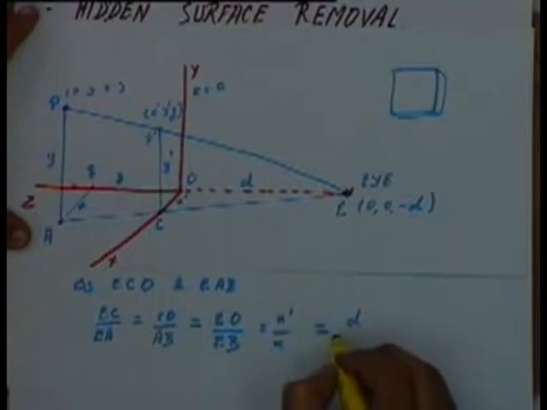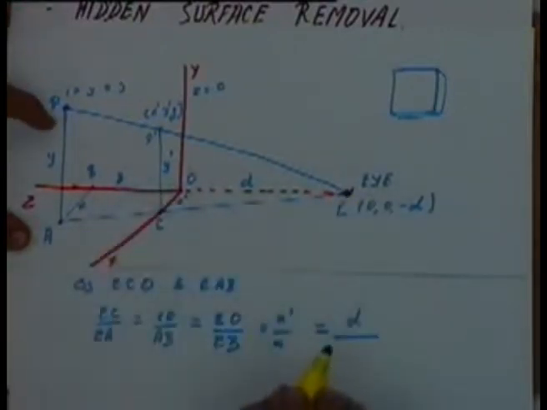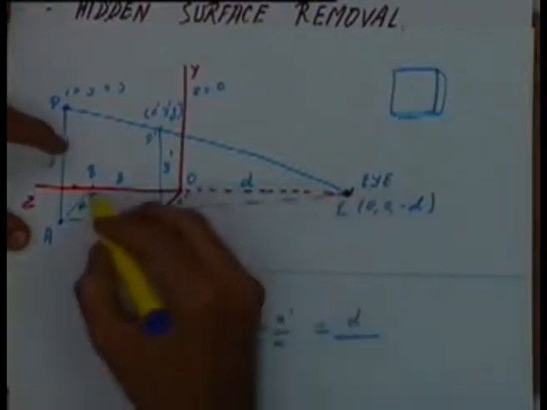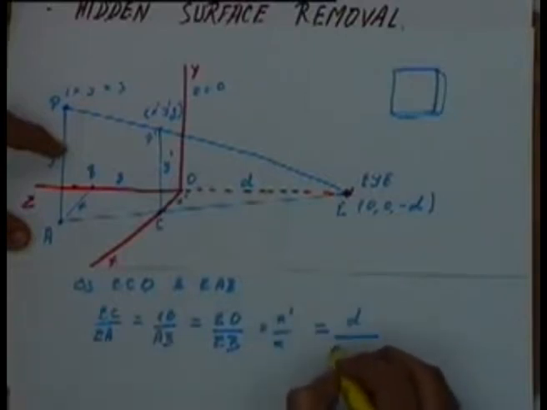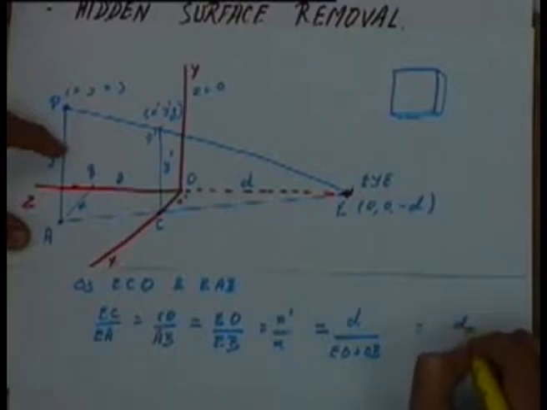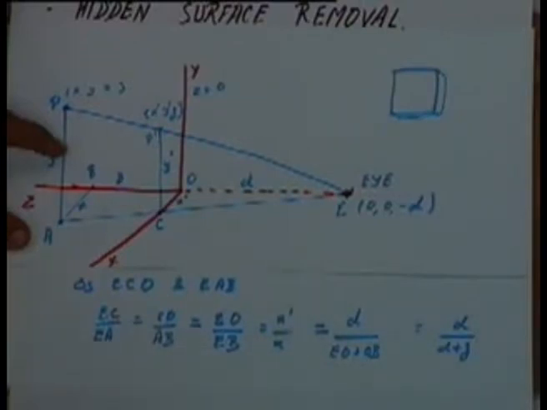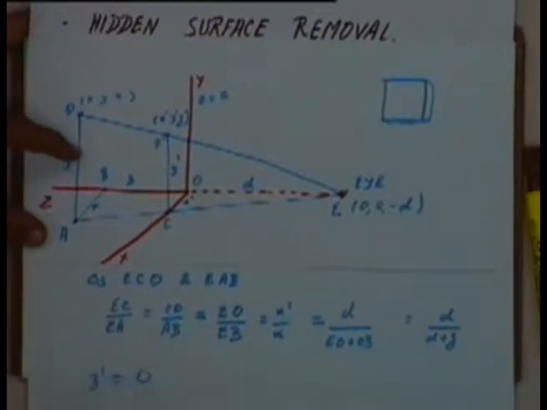So D divided by EB. Okay, now EB is going to be equal to EO plus OB, which is equal to D plus Z. Is that alright? And we know that Z prime is equal to 0.